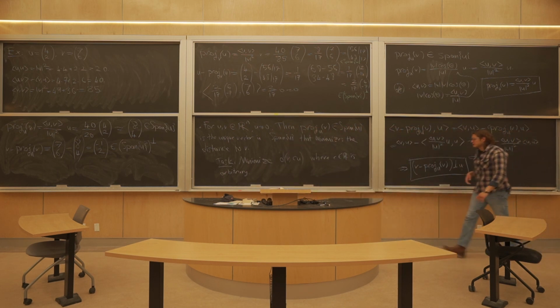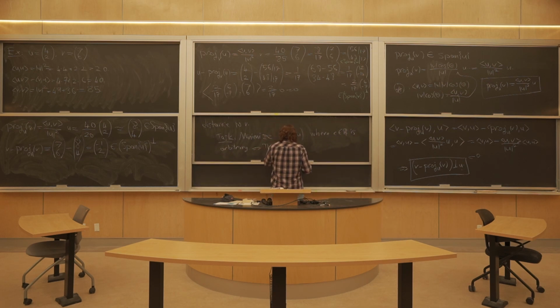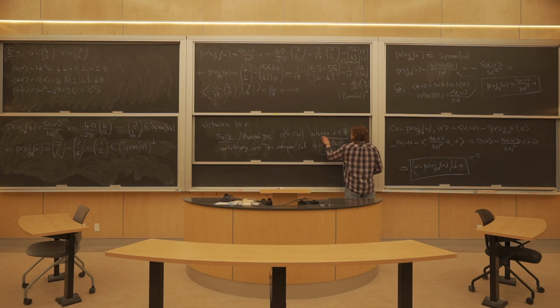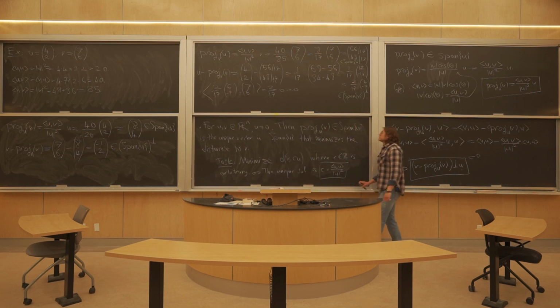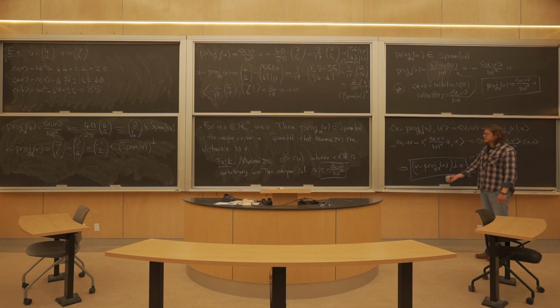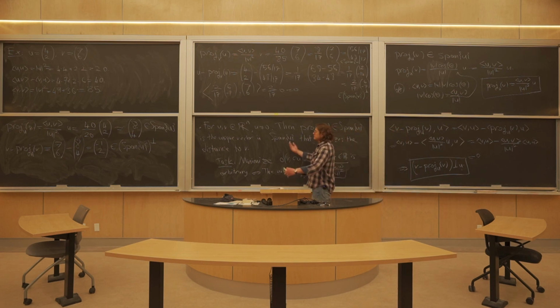The unique solution is C equals v against u divided by u norm squared. So that is to say, if I were to take any other vector proportional to u, its distance to v would be more than the distance of this to v.